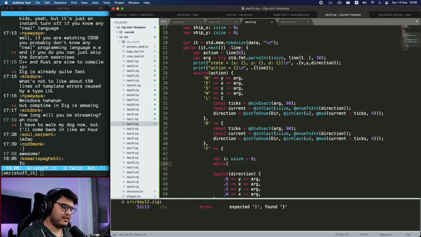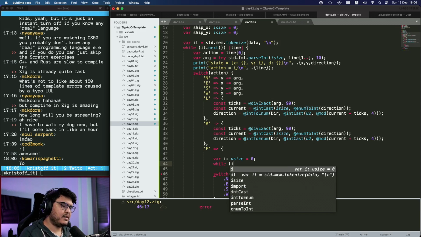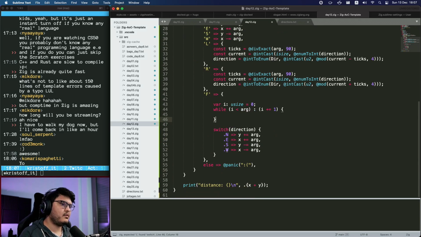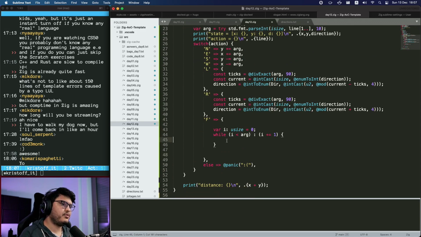So while i is lower than arg, we iterate, i plus equals 1, and each loop we do this.